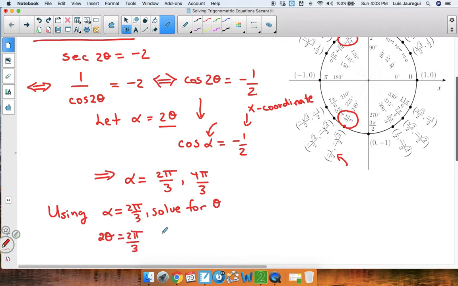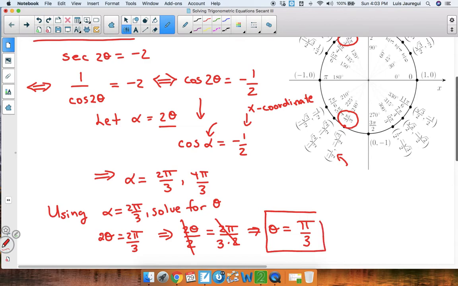The next thing we want to do is divide both sides by 2. So we have 2 theta divided by 2 is equal to 2 pi over 3 divided by 2. Notice that the 2's cancel here and there as well. So you get that theta is equal to pi over 3, and that is an angle on the given interval from 0 to 2 pi.